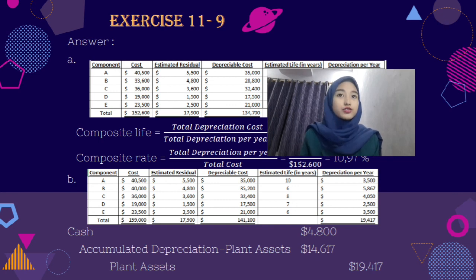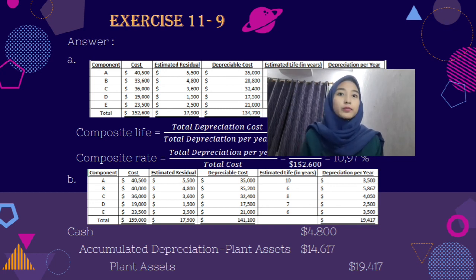And then the journal is cash $4,800 in debit, and accumulated depreciation plant assets $14,917 in the debit, and then the plant assets $19,417 in the credit.